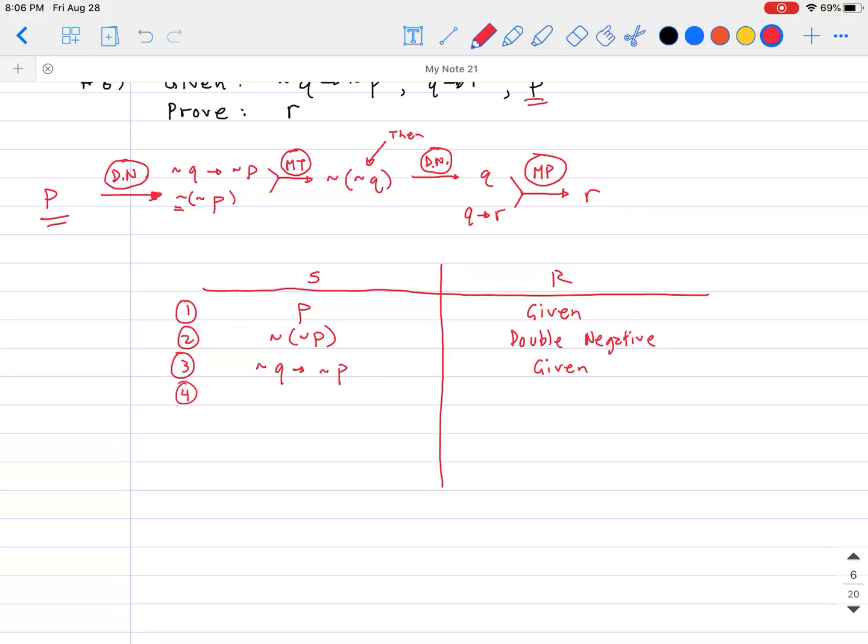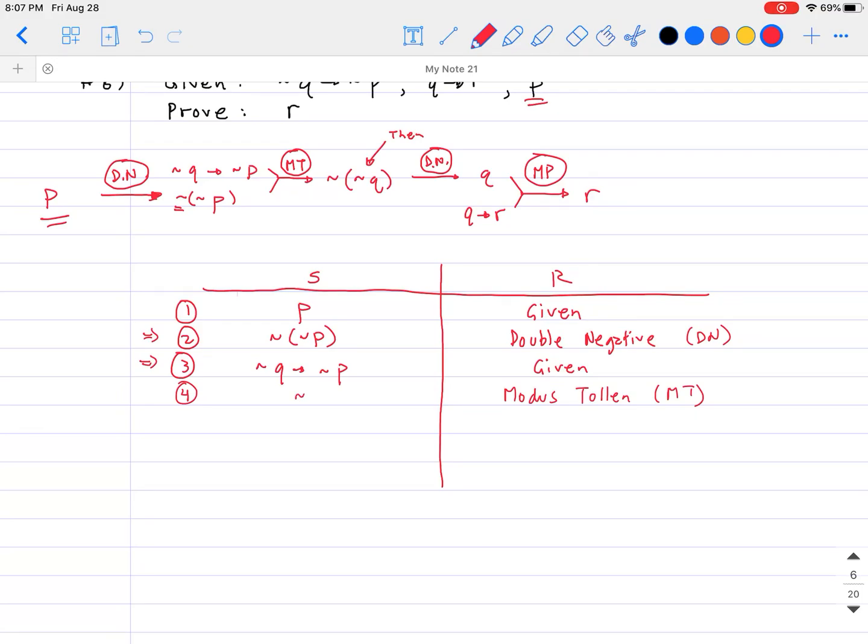And here it is, step 4. We're going to take what we just said and combine it together, looking at step 2 and step 3. Since I have the negation of the then statement, that means I can use modus tollens, or you can say MT, to prove the negation of the if statement.